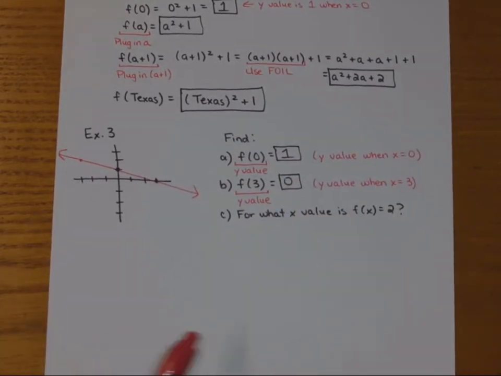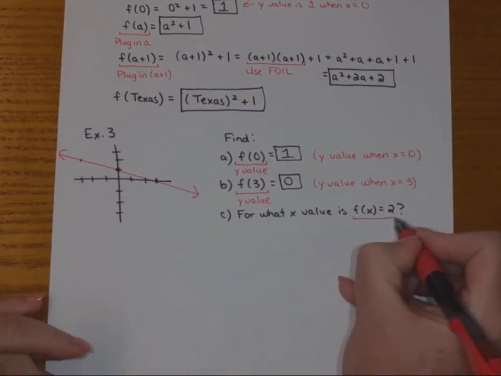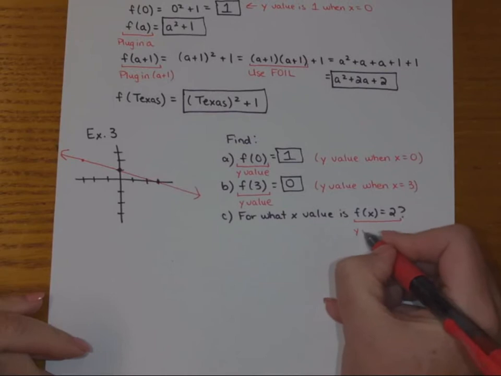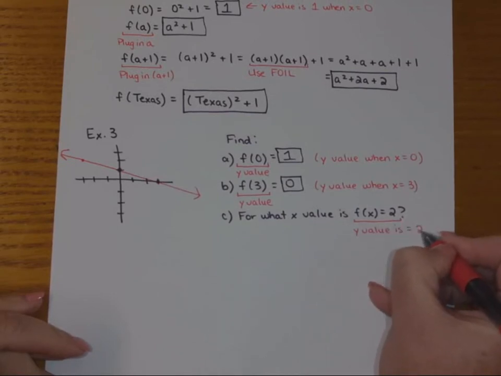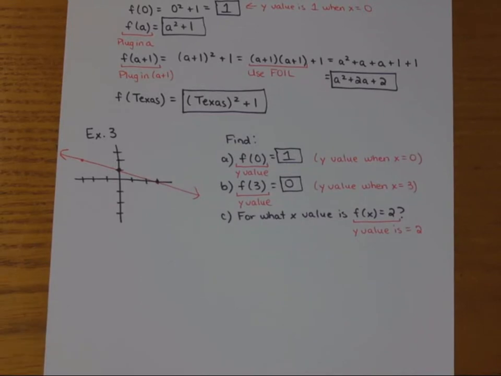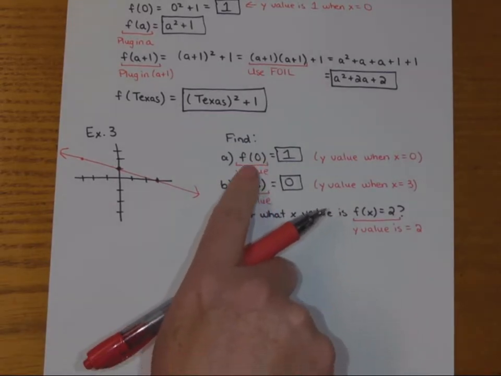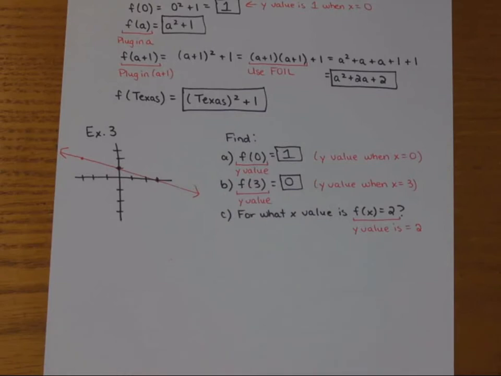Okay, so notice in part C I change it around, right? This time I'm telling you already what the y value is. I'm telling you that f of x already is 2. Okay, so I'm telling you the y value, and I'm asking you to tell me the backwards of what I asked you to find here, right? I gave you the y, I'm asking you for the x.